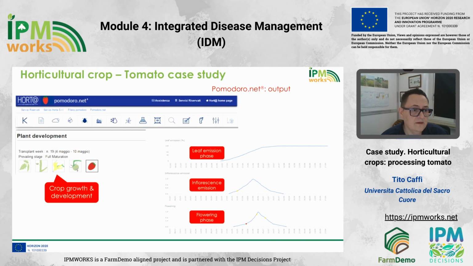So the plant development is simulated starting from the transplantation into the field in order to calculate the leaf emission, so the canopy development, the flower emission and flowering duration, because of course it is a critical period of the season. For many points of view, fertilization, so providing nitrogen, is crucial, and we have to follow the phenological stage.